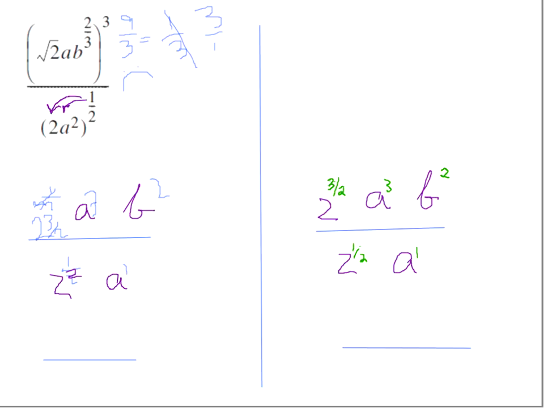Okay. So notice here you have 2 to the power of 3 over 2 and 2 to the power of half. So it's division. So subtract indices. 3 over 2 take away half. What would that be? I'll put 2, A, B, A, B, and you can just do the indices.